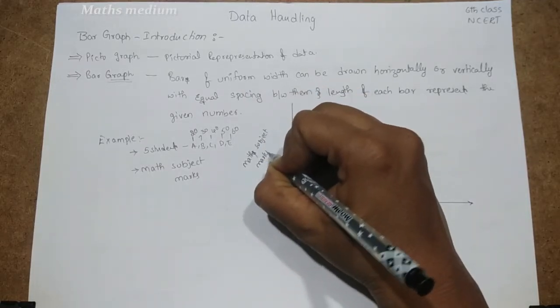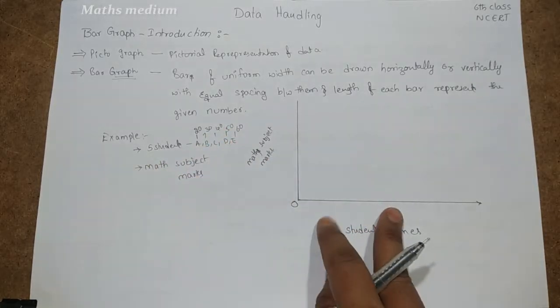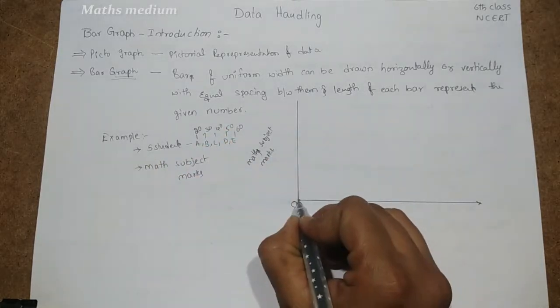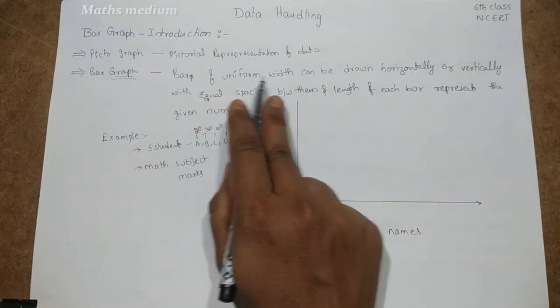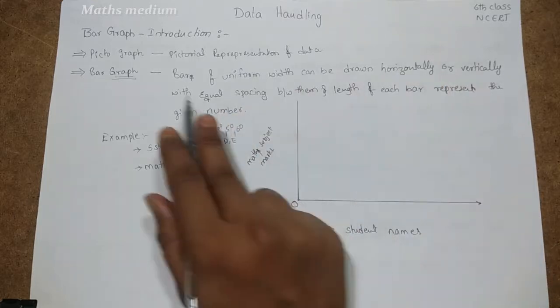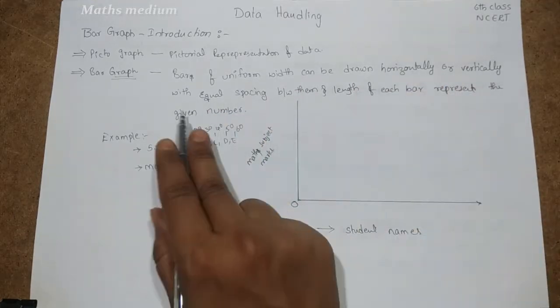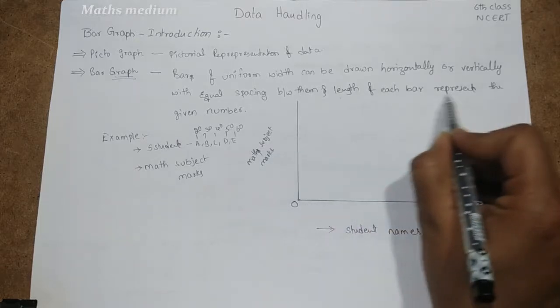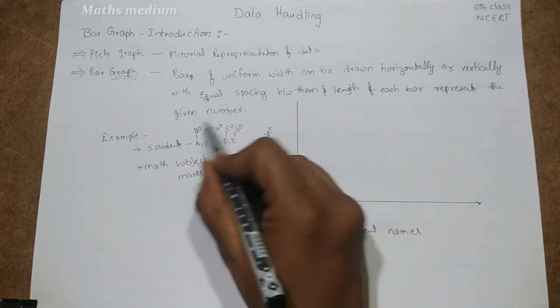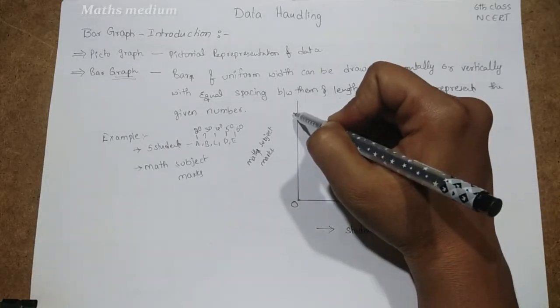Now how are we going to represent these given marks in this bar graph? This is 0. Bars of uniform width can be drawn horizontally or vertically with equal spacing between them. The length of each bar represents the given number. So this is the number, this is the length, and we have to represent length on this axis.